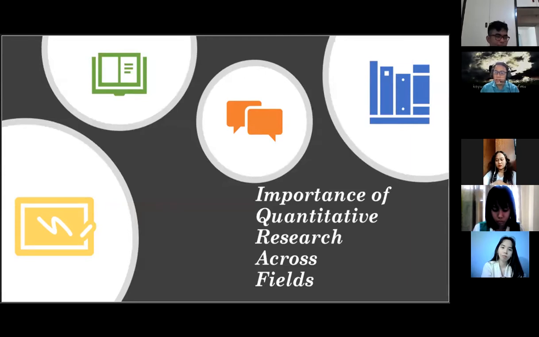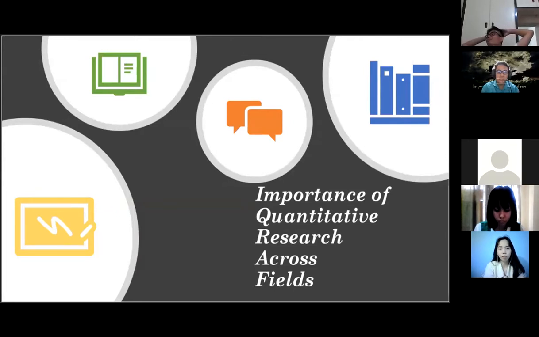In this lesson, you will uncover the role of quantitative research in the advancement of knowledge across disciplines. These are the importance or significance of quantitative research across fields: to what field or extent a quantitative research will be beneficial.